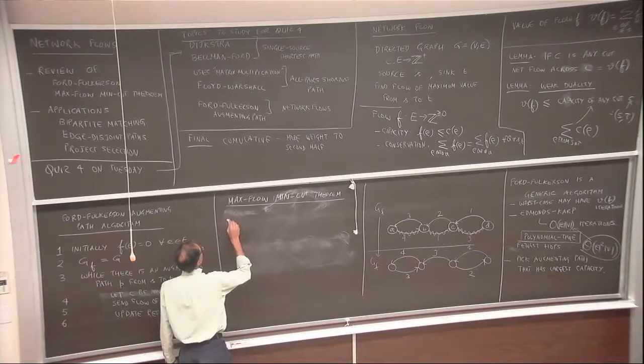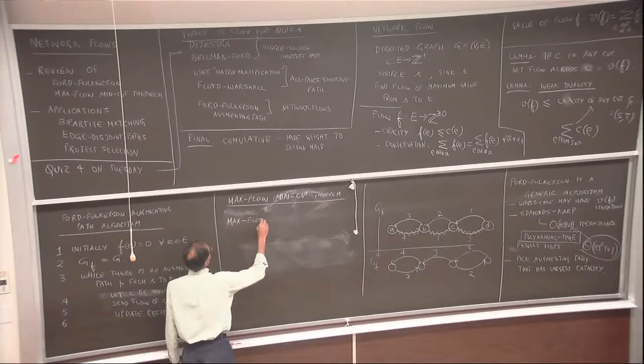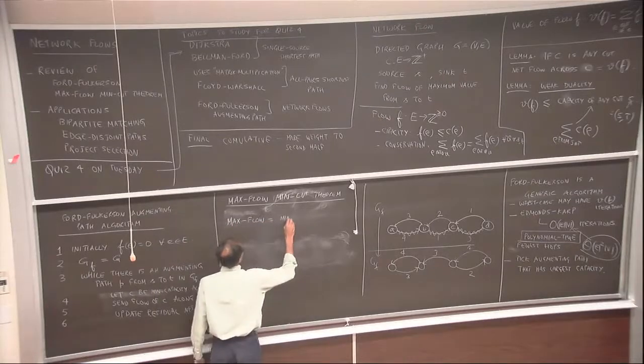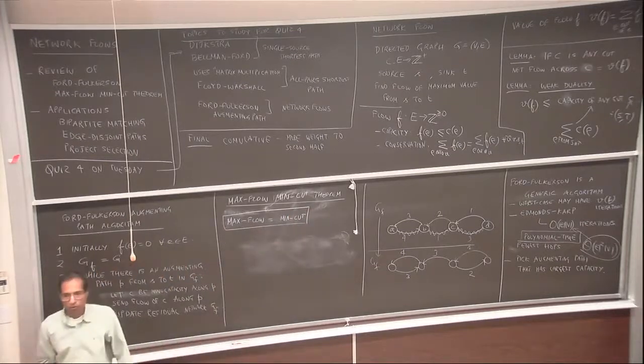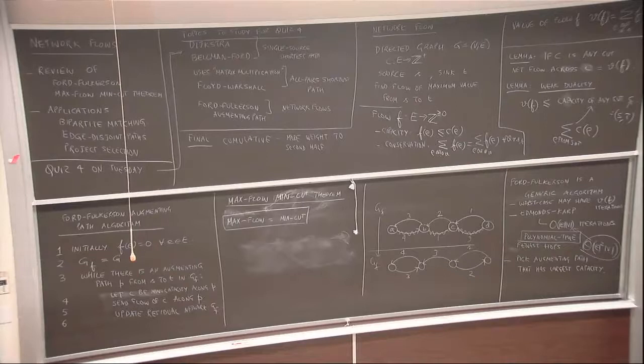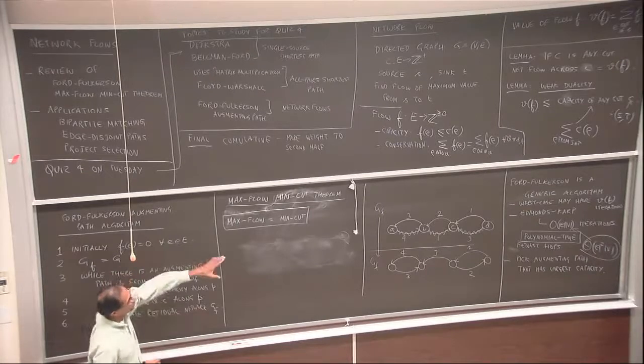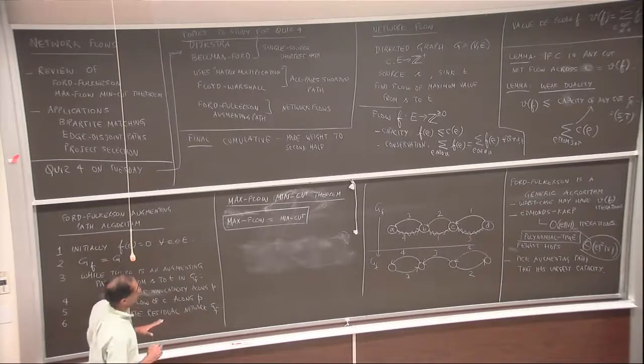The value of the maximum flow is exactly equal to the value of the minimum cut. Okay, so the basic idea behind that theorem is we've already shown the value of the flow is less than or equal to the value of the minimum cut.